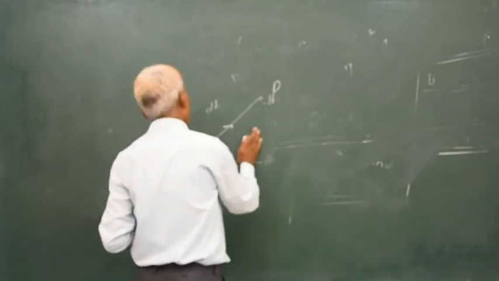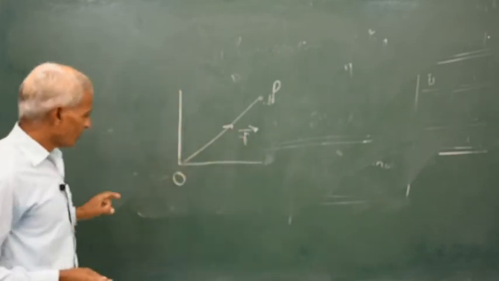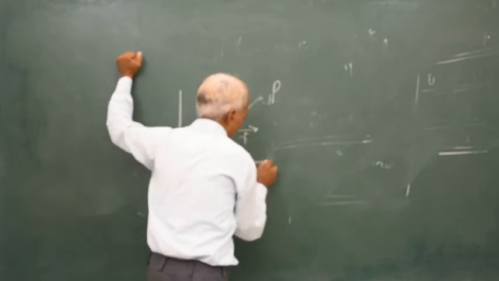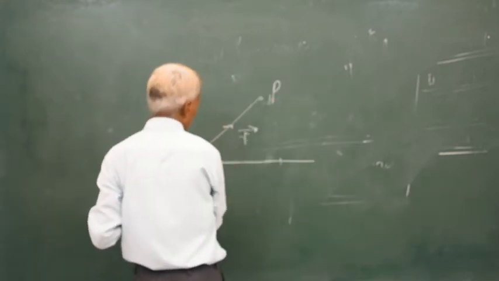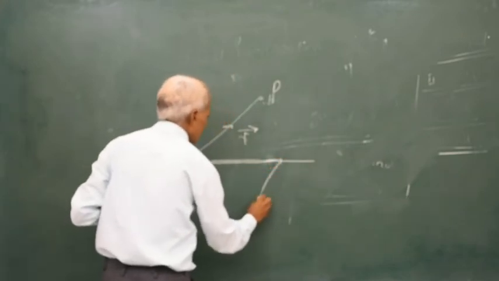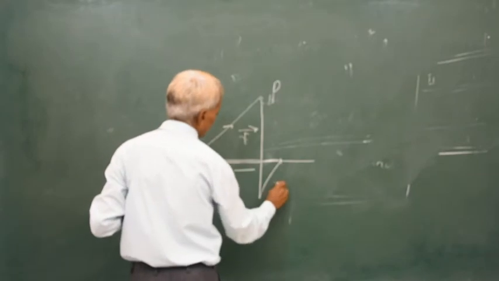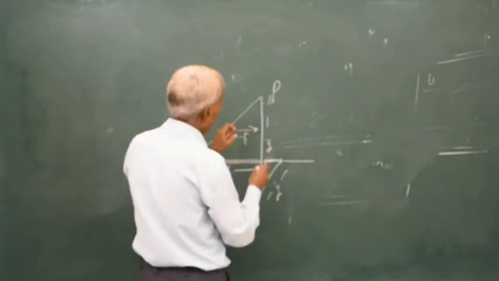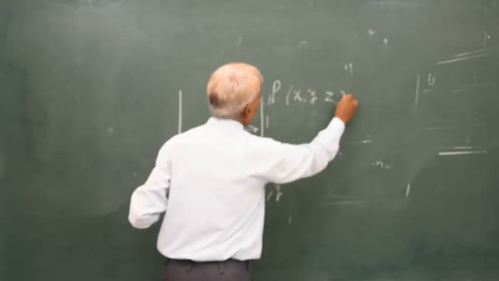This is denoted by R, position vector of P with respect to O. If position of P is X, Y and Z, this gap is X, this is Y and this is Z. This is position of the point x, y, z.